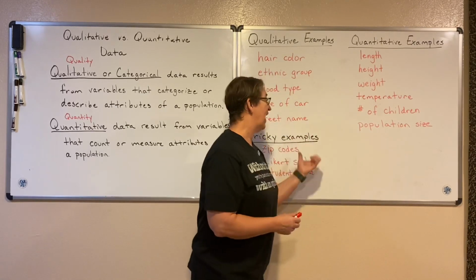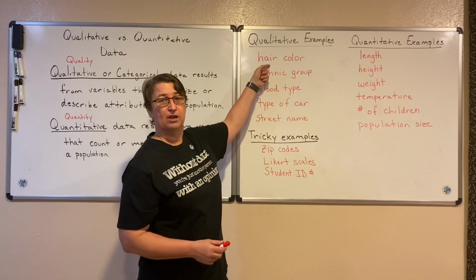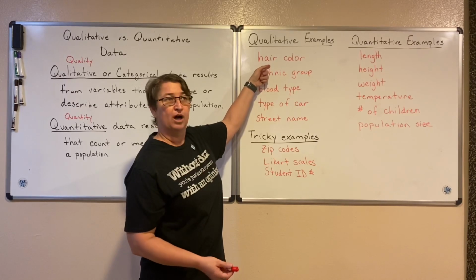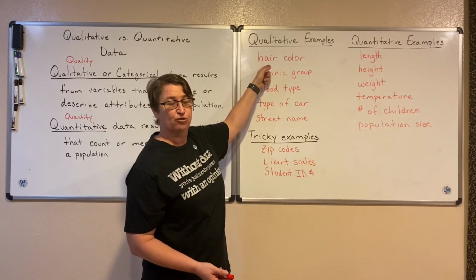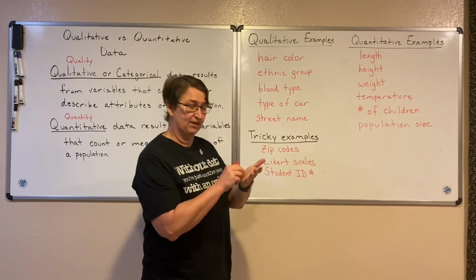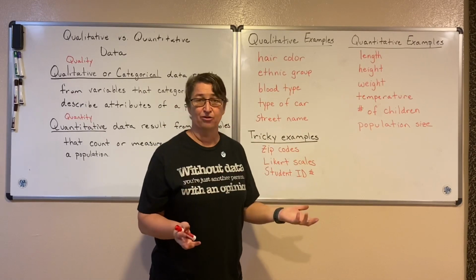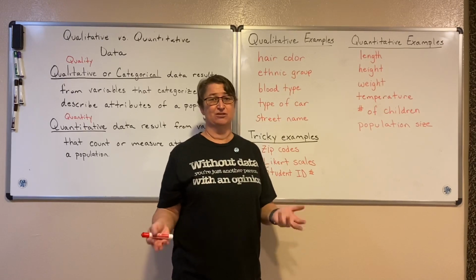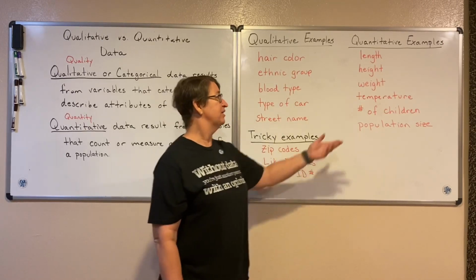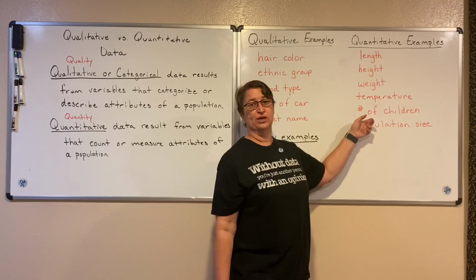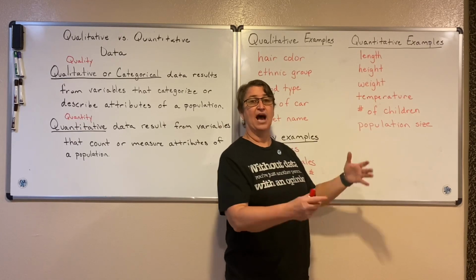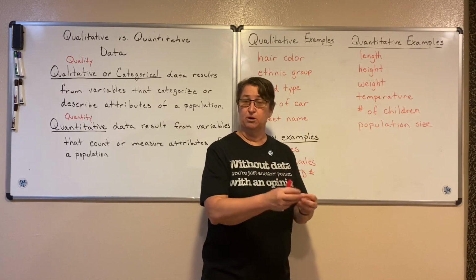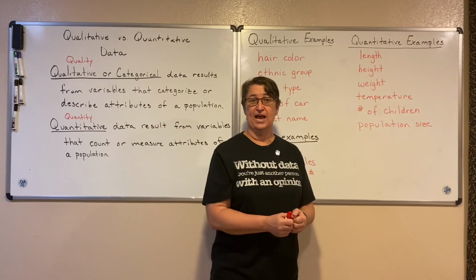You can see that if you have hair color, like brown, blonde, red, I can't take that data that I've written down and add it together. How am I going to add brown plus brown plus brown? That just doesn't make sense. Whereas if I have the number of children from everybody in the class, I could add those together and maybe even do some division to find an average.